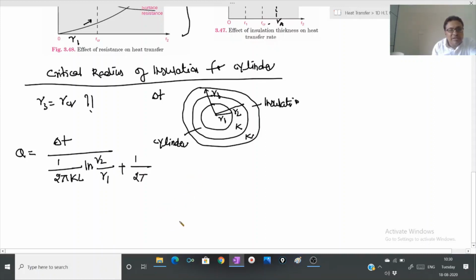The second thermal resistance will be offered by the insulating material, 1 over 2 pi K1L log R3 over R2, and the final thermal resistance will be offered by the outer layer of the material exposed to the air, having convective heat transfer coefficient HO, 1 over HO 2 pi R3L.